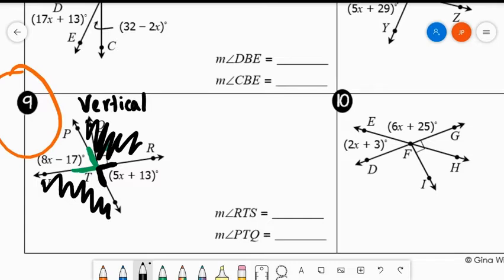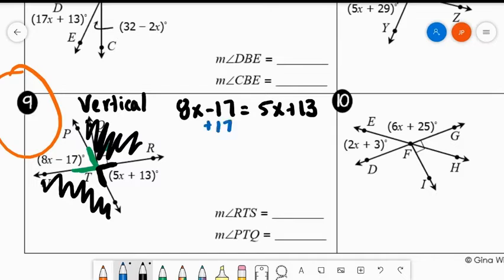And these ones are honestly probably should be your favorite, because that's a pretty easy setup. I know vertical angles are equal to each other. So I'll take those two expressions they gave me and set them equal. Now we don't have any like terms to combine on either side, so we're good to just start moving stuff around.